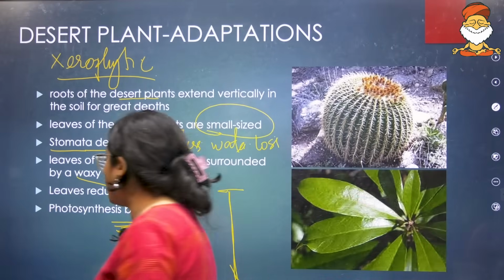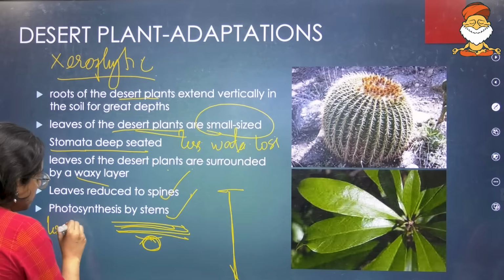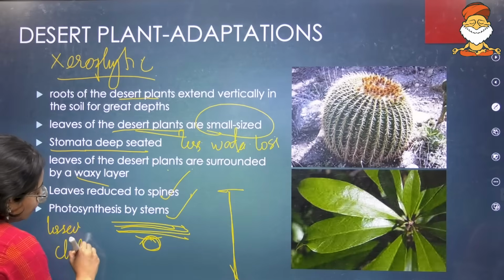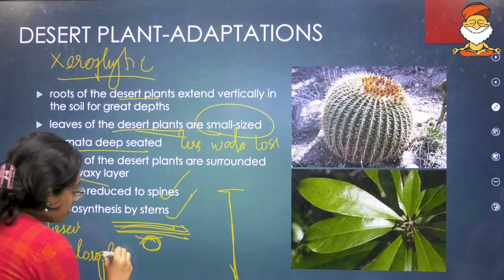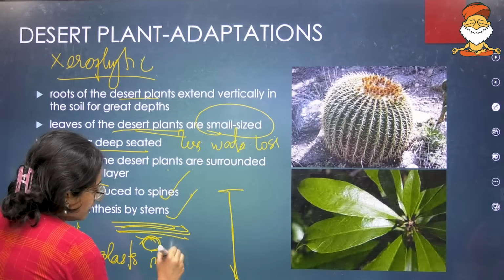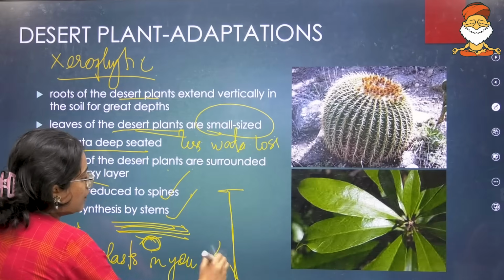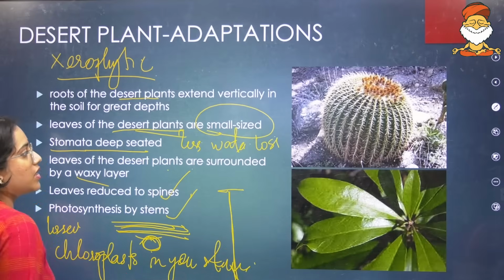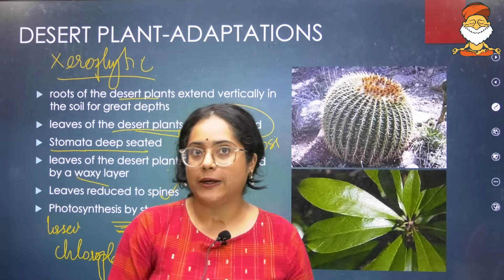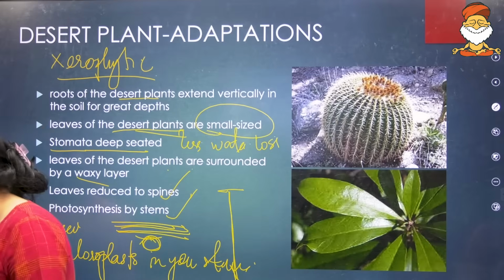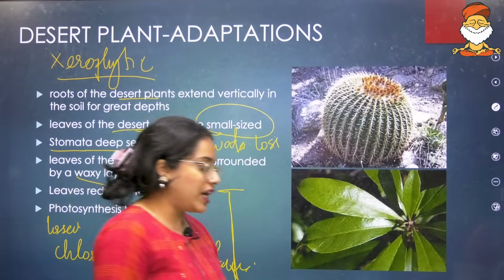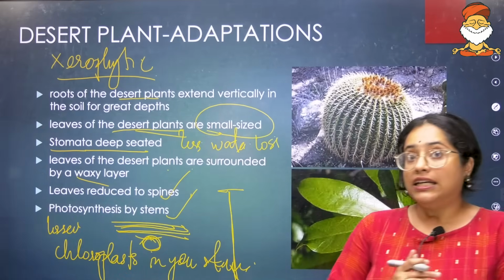Okay, because you have a lesser number of chloroplasts in your stems, and because of that itself, there is much lesser heat transfer that happens from that area. These are all the different kinds of adaptations that can happen in desert plants.